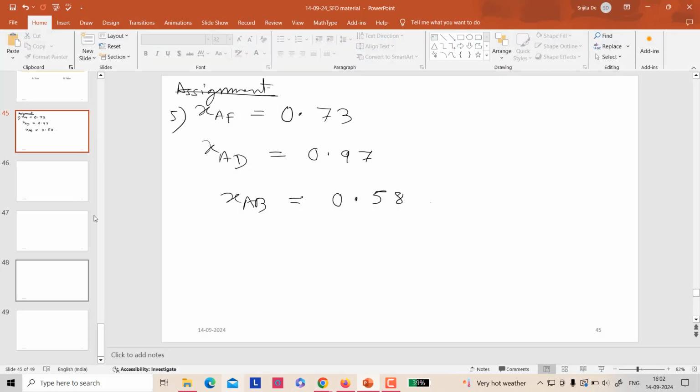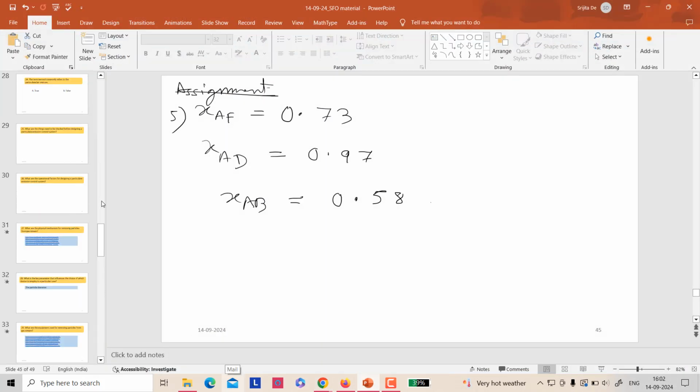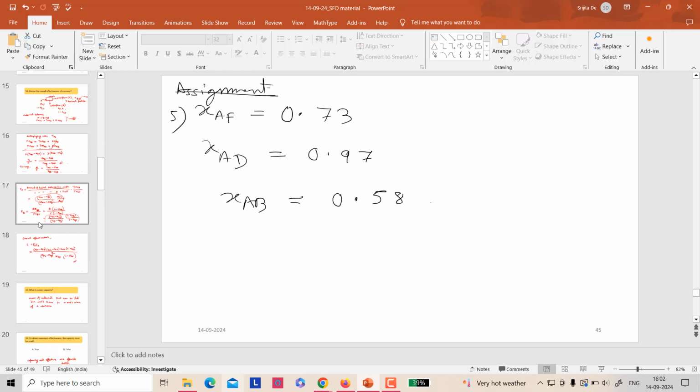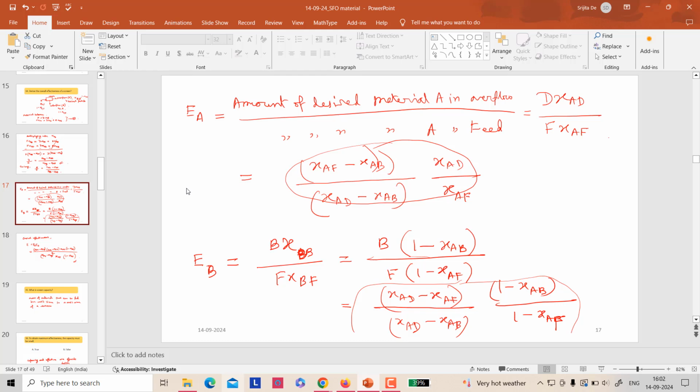So we'll use this formula of EA, because this is the effectiveness based on the oversized particle, right?